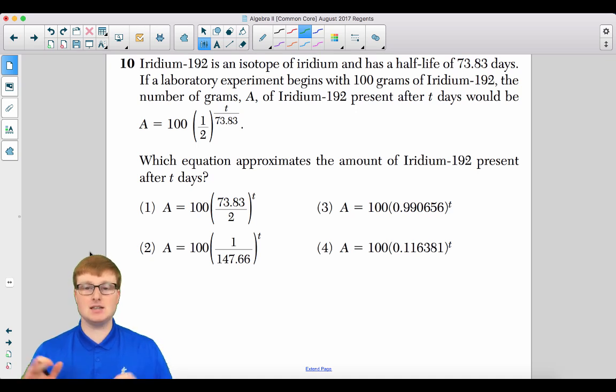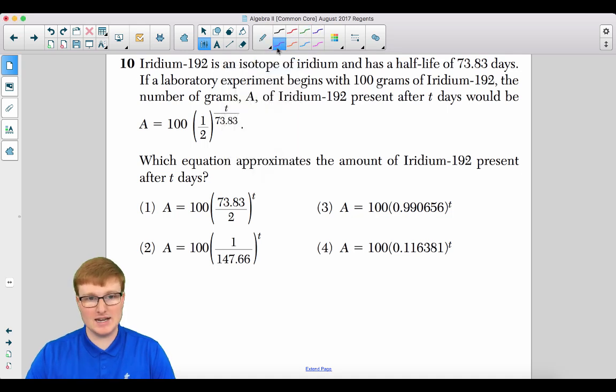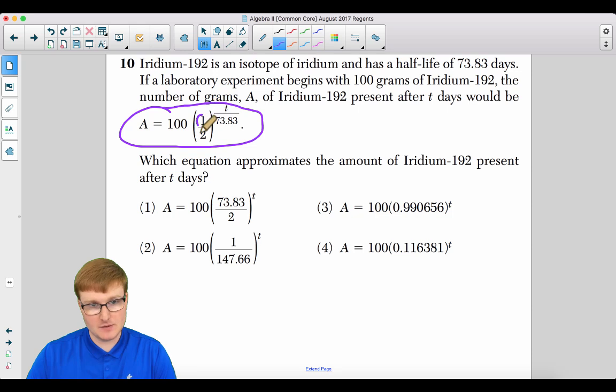So basically what you're doing is this. All they're doing is rewriting this, where this information, the 1/2 to the T over 73.83, is simplified as a decimal, okay? Honestly, I don't know where they're getting these answers from.